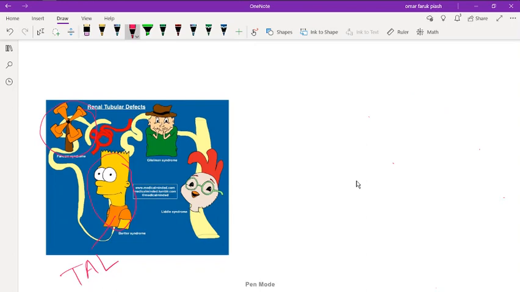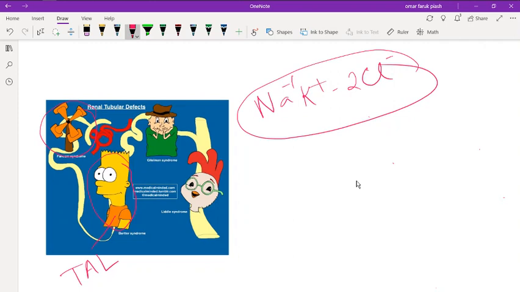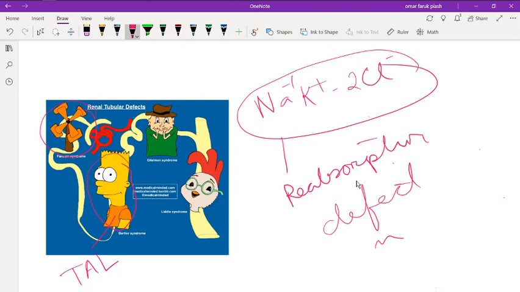It inhibits the sodium, potassium, 2-chloride channel in the loop diuretics. In Bartter there is a reabsorption defect, so it will affect the sodium potassium 2-chloride co-transporter.